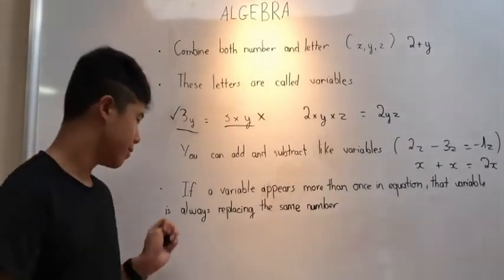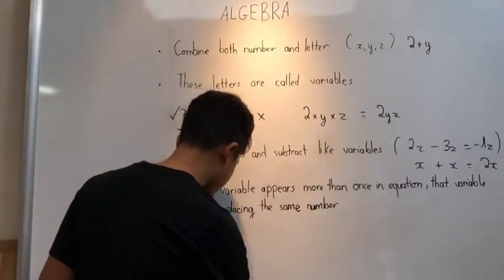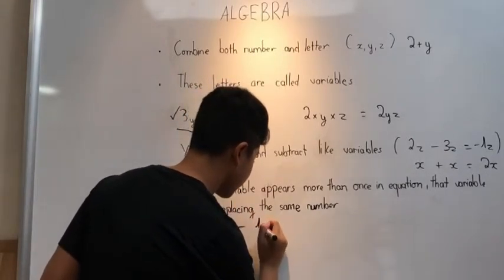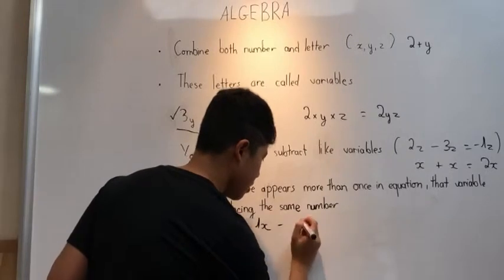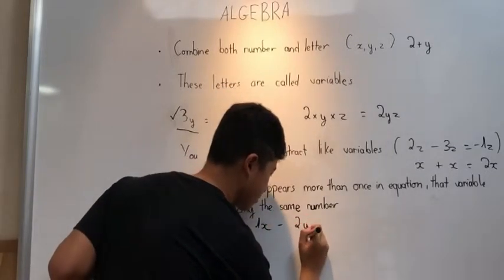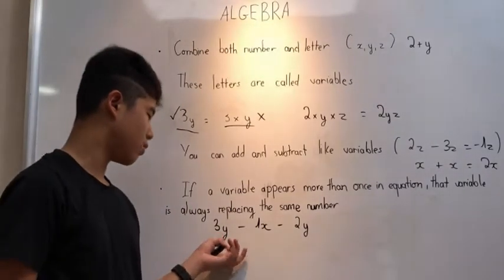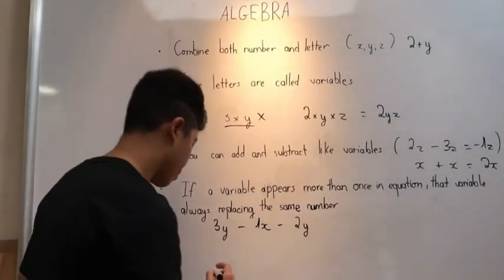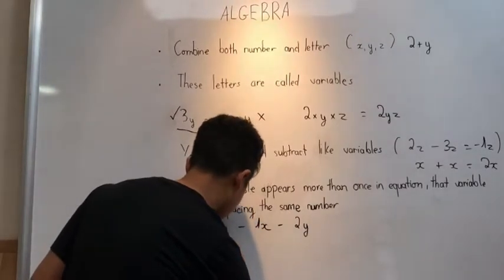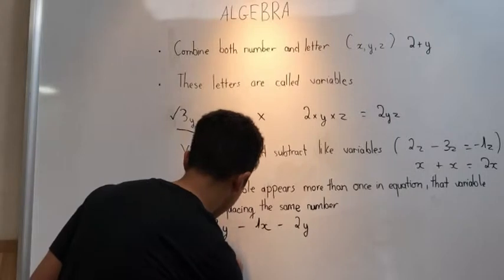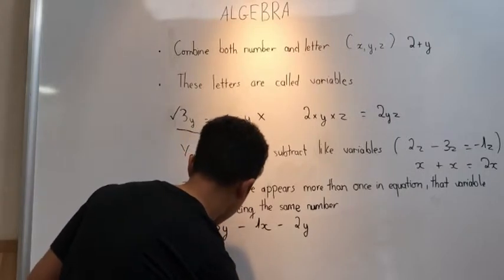For example, if we have 3y minus 1x and then minus 2y, and they give us y is equal to 2 and x is equal to 1.